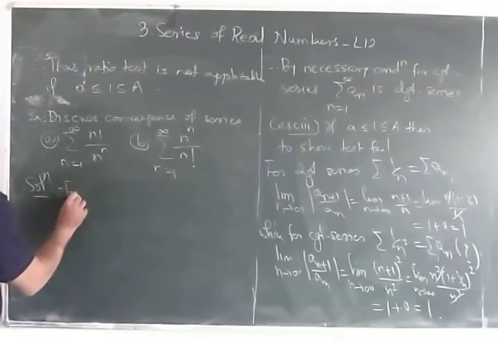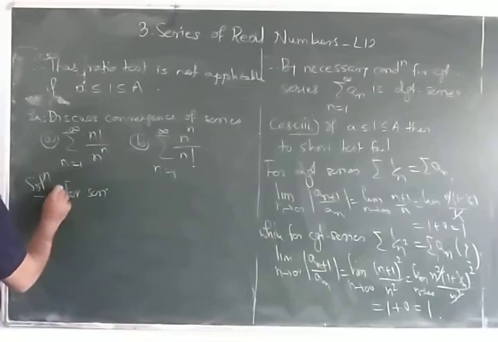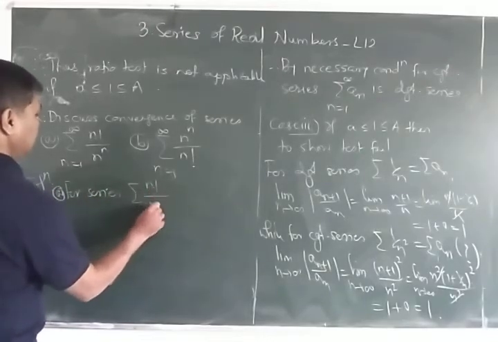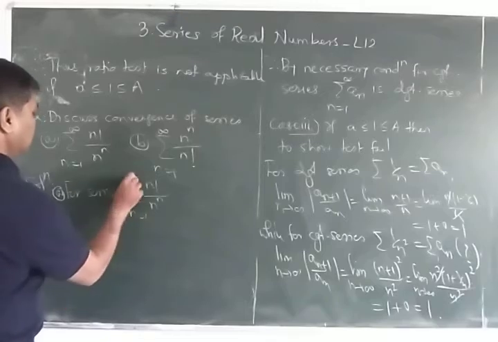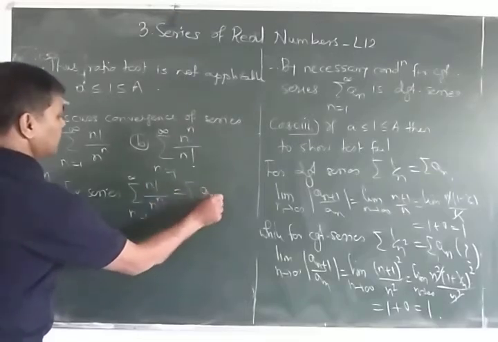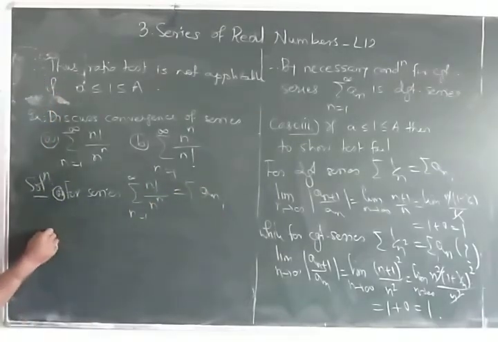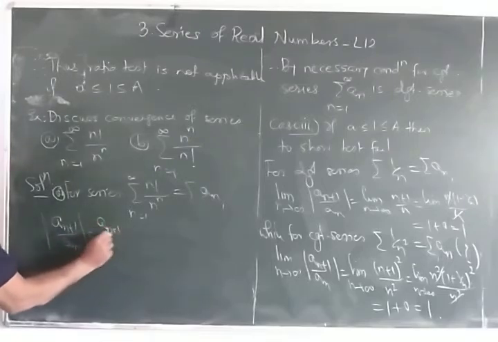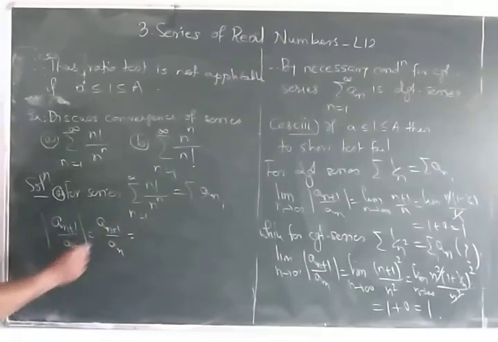For series A, summation of n factorial upon n raised to n, n equal to 1 to infinity, equal to summation an. Taking mod of a n plus 1 upon an, it is n plus 1 upon n because the terms are positive.